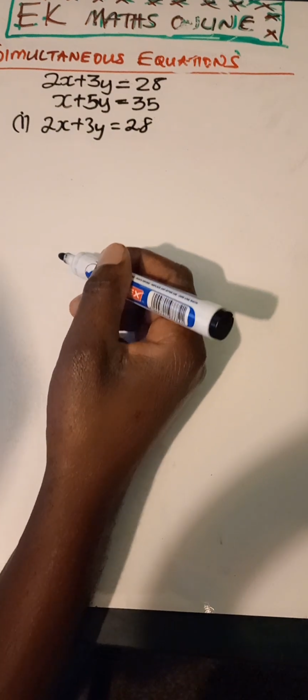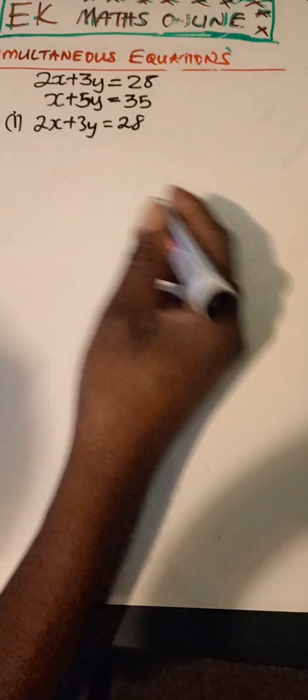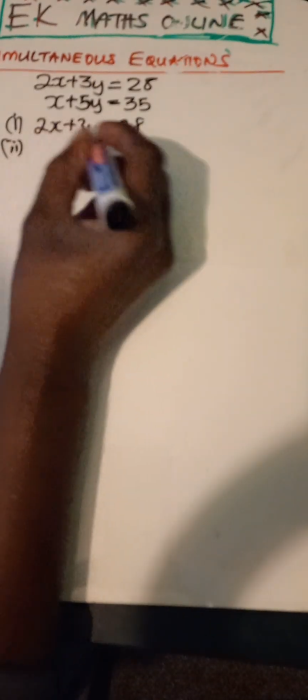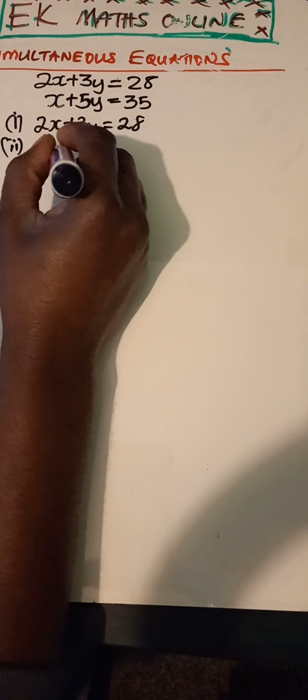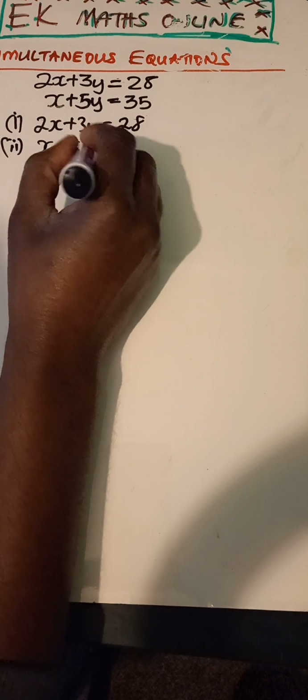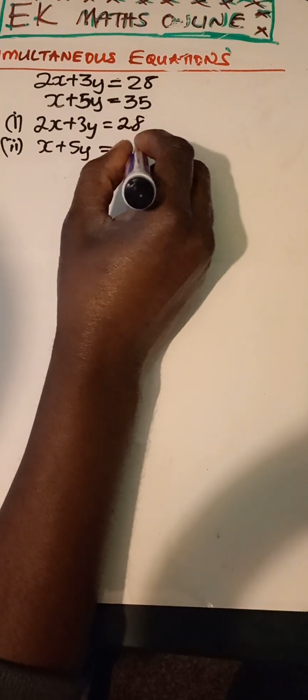The second equation will be x plus 5y is equal to 35.